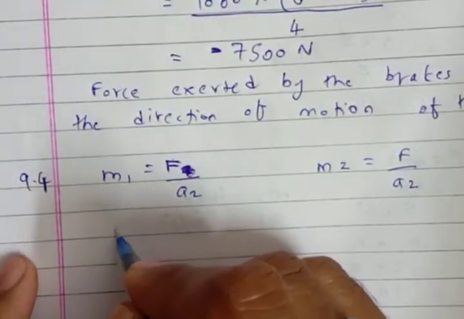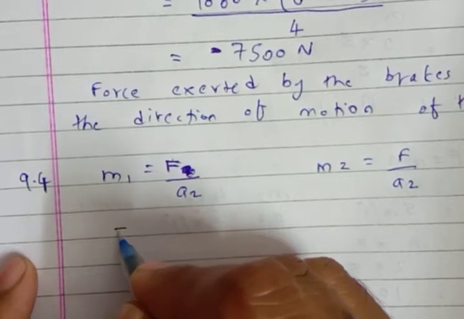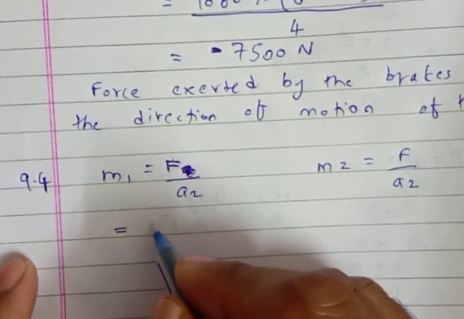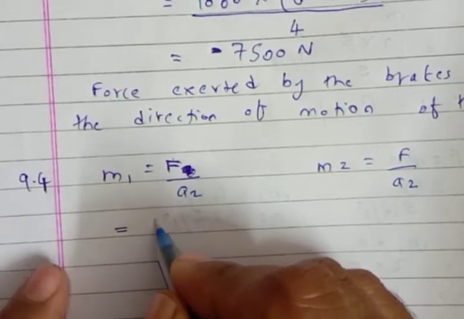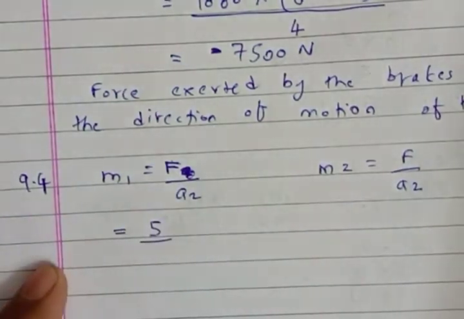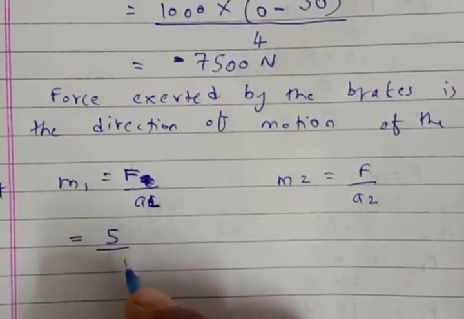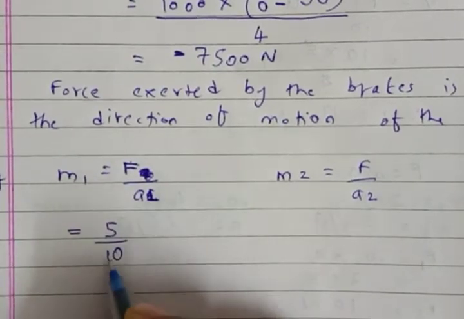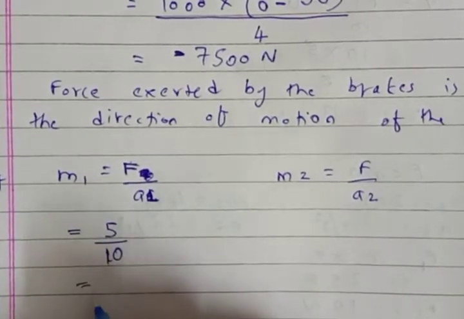Now the acceleration for case 1 is 10 meters per second square, right? So now what will be the mass? That will be force F, that is 5 Newton, divided by the acceleration, 10 meters per second square.